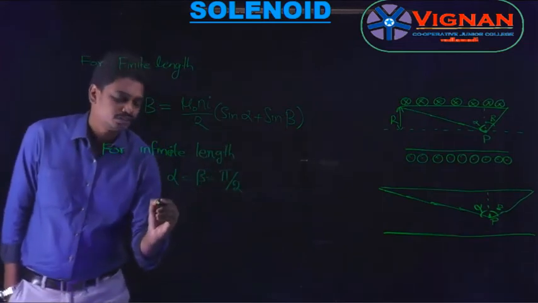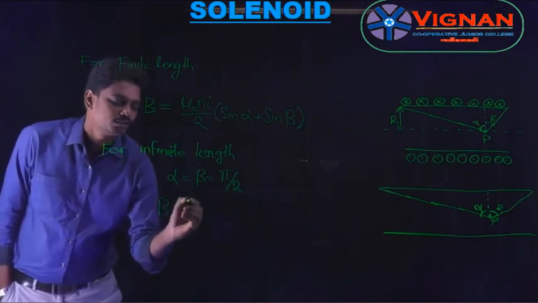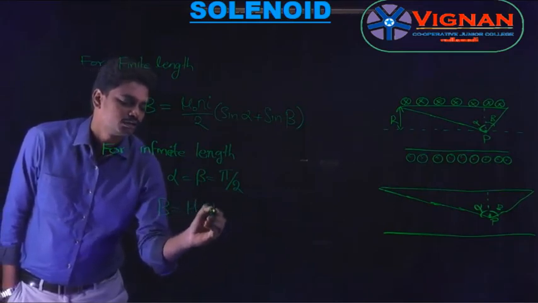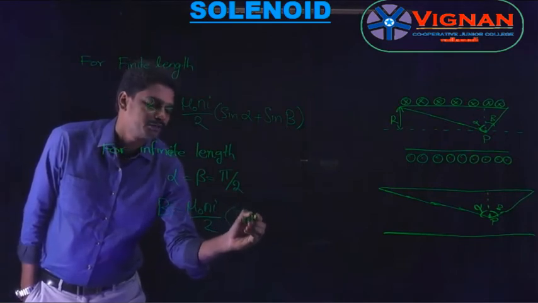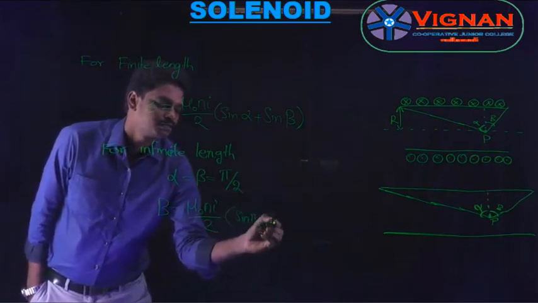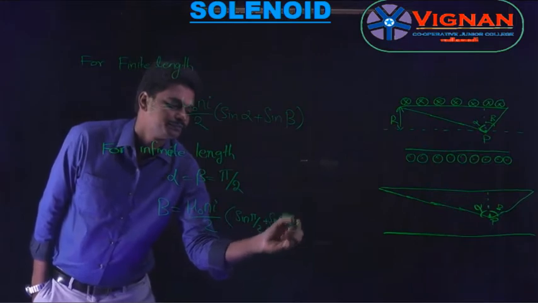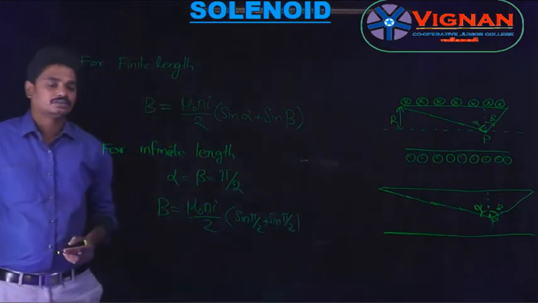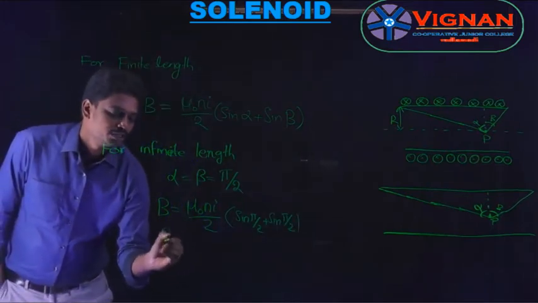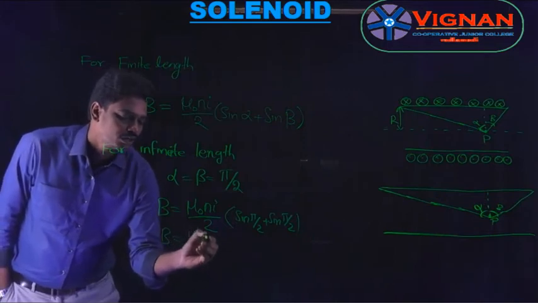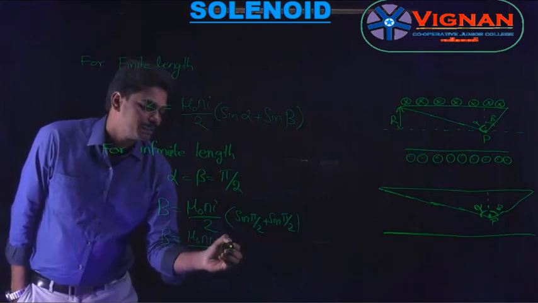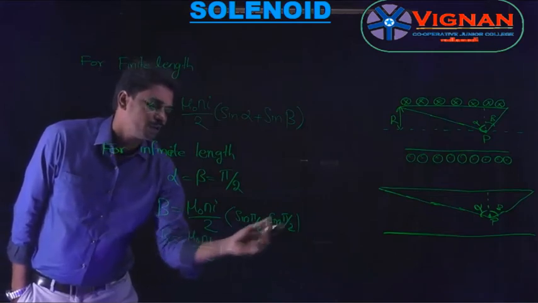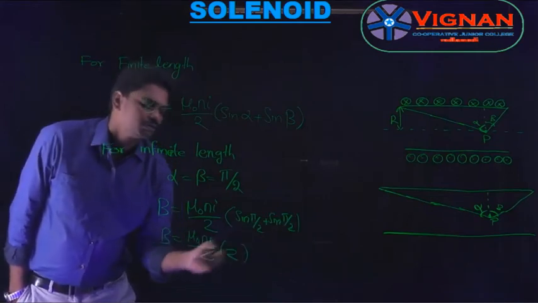By substituting the values, B is equal to mu naught N i by 2 into sine pi by 2 plus sine pi by 2. The value of sine pi by 2 is 1, and sine pi by 2 is also 1. 1 plus 1 is nothing but 2.